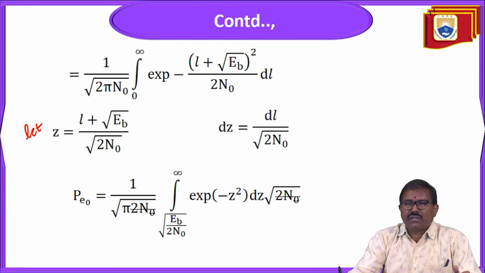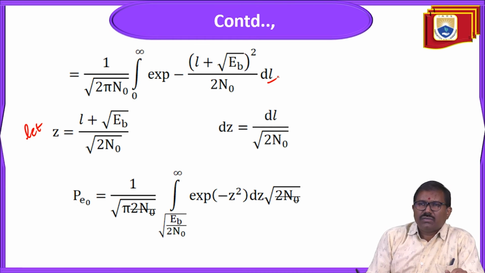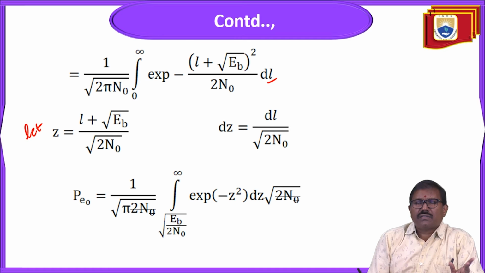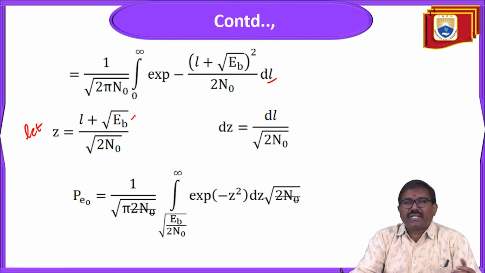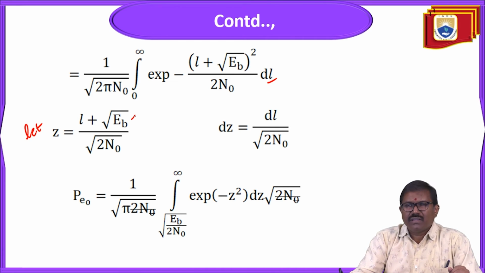Here I am changing these values, so that's why I take z, and since the integral is in the form of dL, the differential changes to dz. Differentiating both sides, the left hand side is dz and the right hand side is dL by root 2 N0. Root Eb is a constant, so no need to differentiate it. Root Eb is nothing but energy per bit.